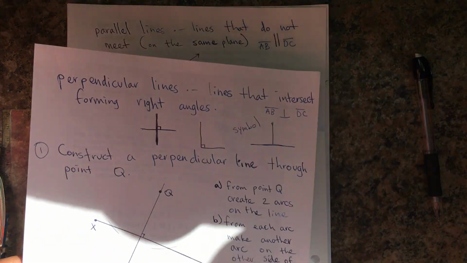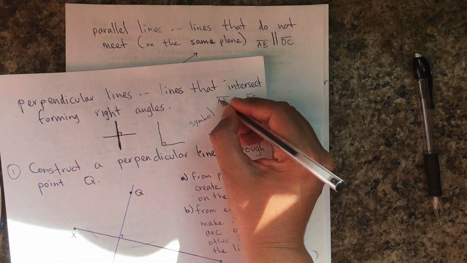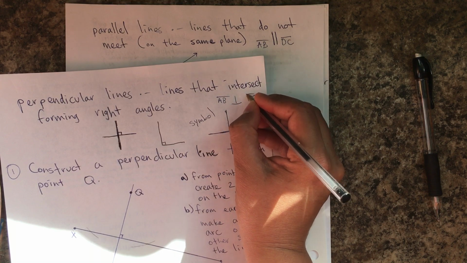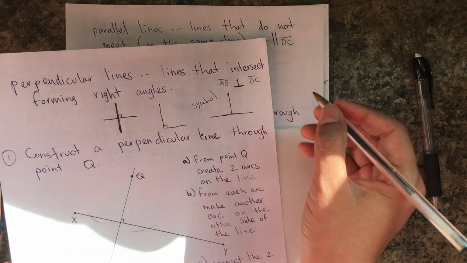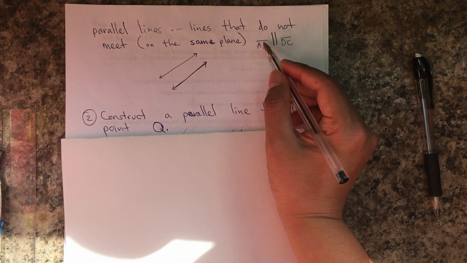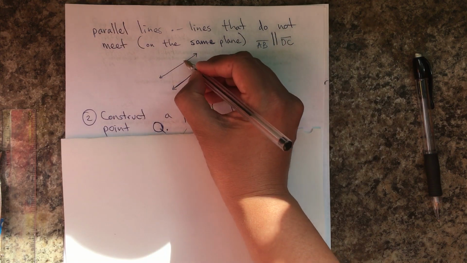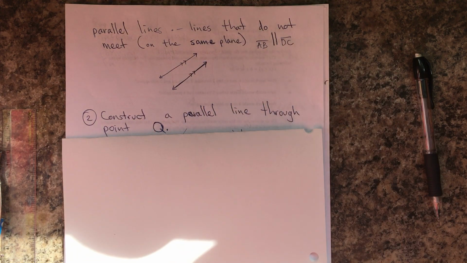For perpendicular lines, if we have line segment AB and DC, then line segment AB is perpendicular to line segment DC. That's the symbol for saying that they are perpendicular. This is the symbol for parallel: line segment AB is parallel to line segment DC. Let's say that these two lines are line AB and DC.